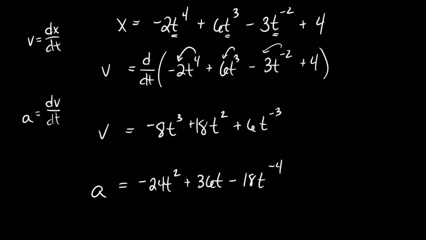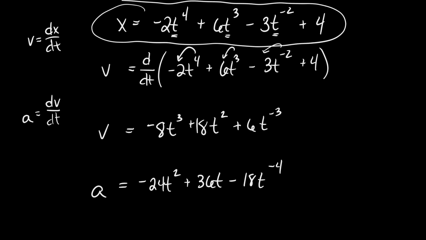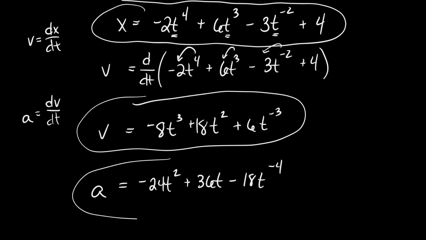Okay, so let me just throw a few things at you. How about a question like, where is the object when the velocity is 0? Would you know what to do to get that answer? You see, I have a position function that's related to time, a velocity function that's related to time, and an acceleration function that's related to time.